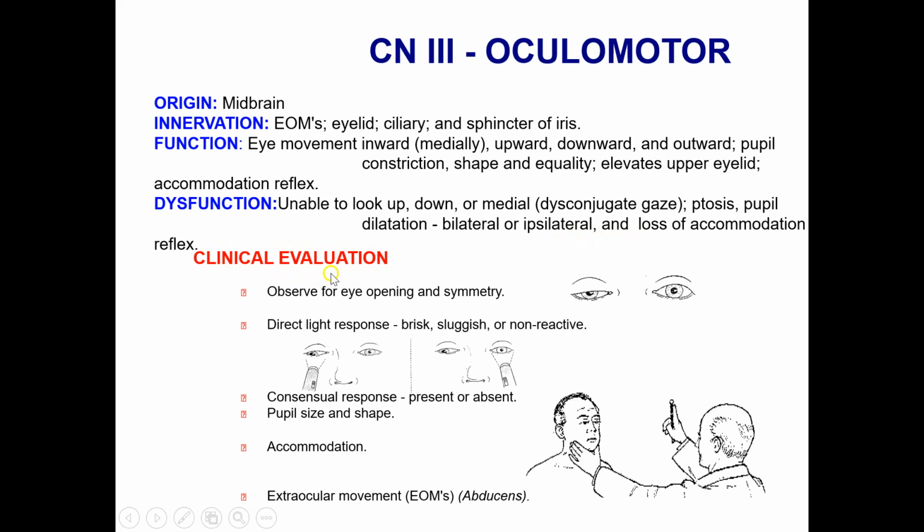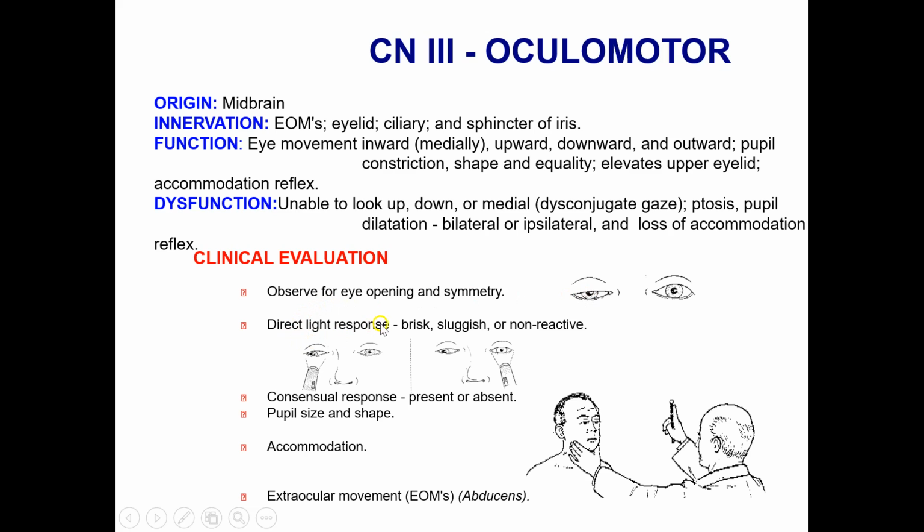In clinical evaluation, you will look for eye opening asymmetry on inspection. Here you can see there is ptosis on this side, and here you can see pupillary dilatation, with the eye turned laterally and down compared with the normal side. Because of the loss of the medial rectus muscle, the eye is turned laterally.